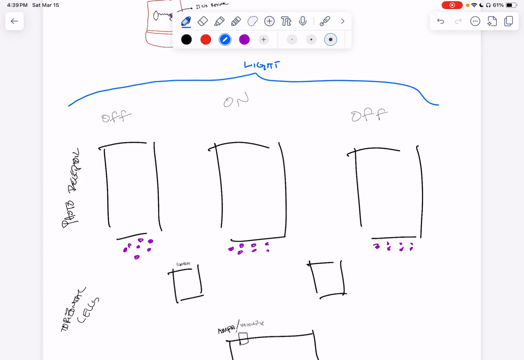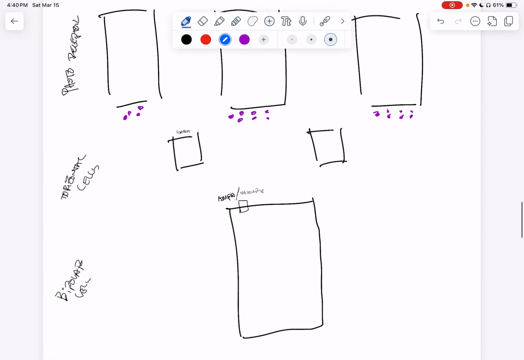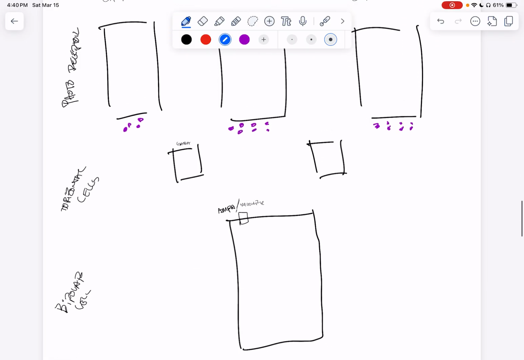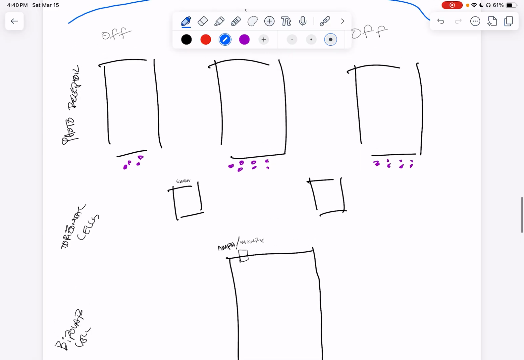We have an off surround photoreceptor, and light is going to hit it, which means this is going to cause a decreased release of glutamate, right? Because it's off surround and it's being hit by light, it's going to release less glutamate, and the photoreceptor will then communicate that to the bipolar cell.